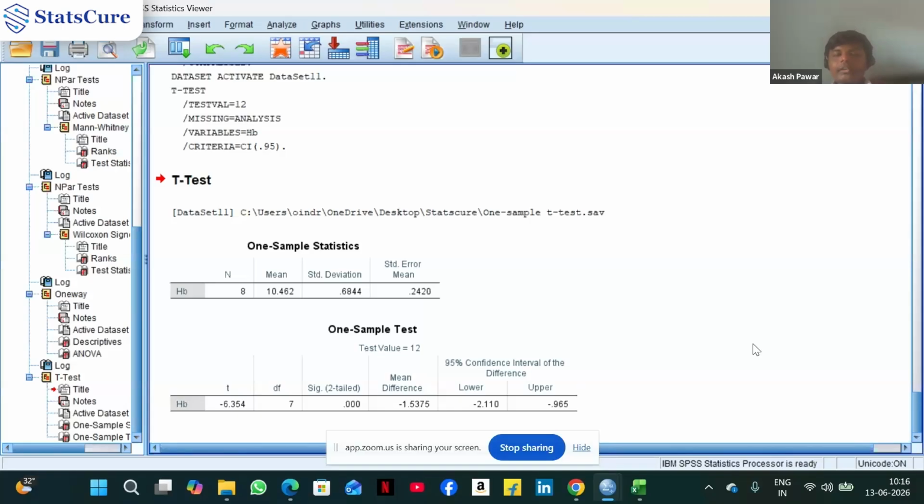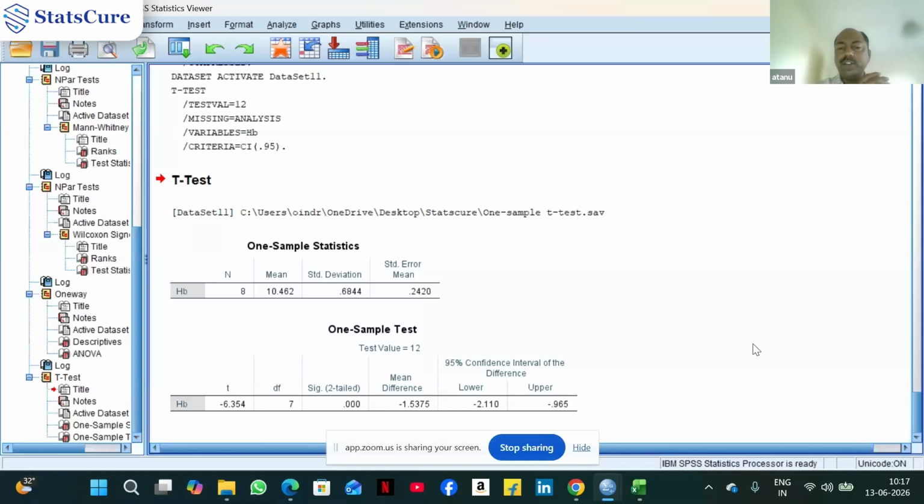The mean difference from 12 is minus 1.53, and the confidence interval for it is given as well. Based upon this, we can say that the mean that we achieved, 10.462, is significantly different to the reference hemoglobin value. So it is not equal.